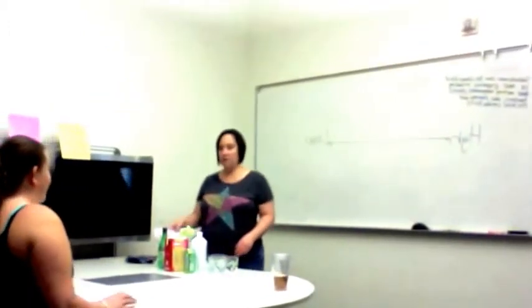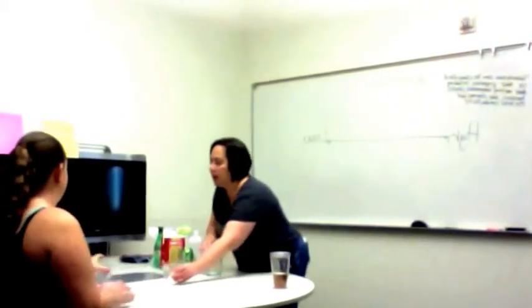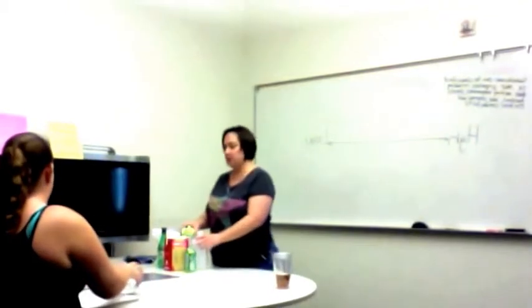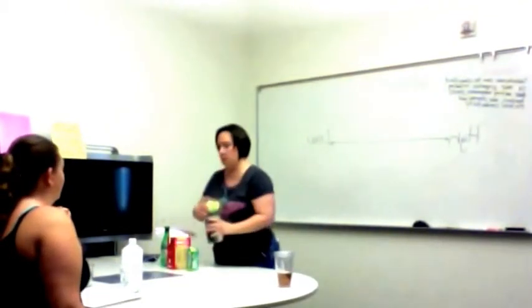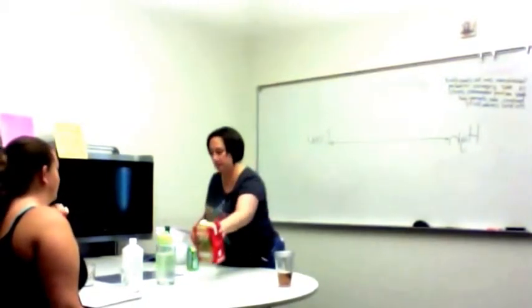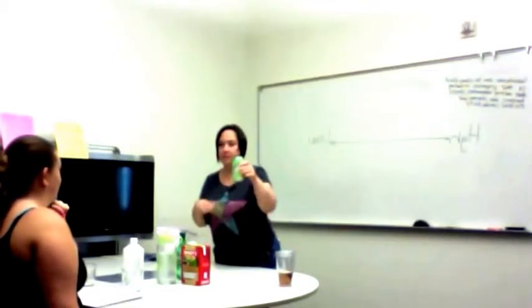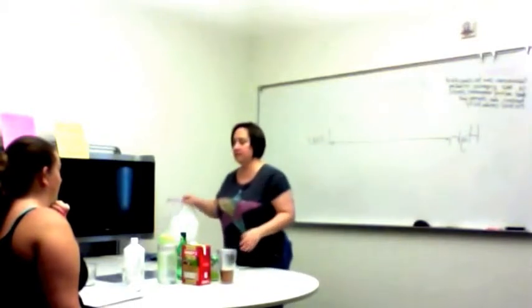Okay, guys, I'm going to let you try this on your own. So here are some glasses, pass those out. And I have a bottle of rubbing alcohol, some water, apple juice, mineral water, some Sprite, some iced tea, and then here's some ice.